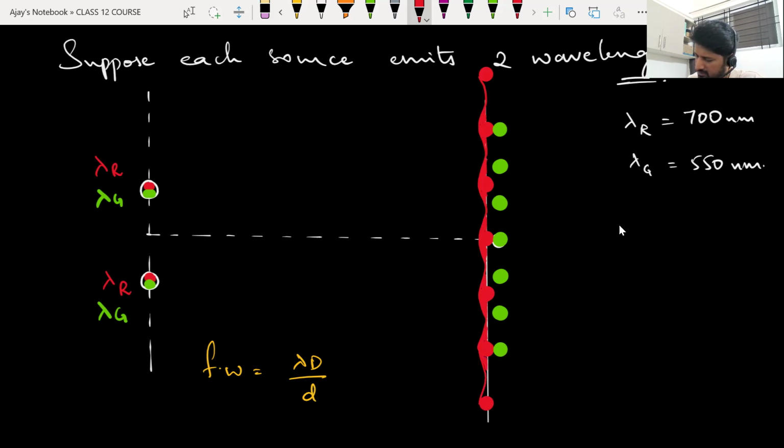So you will see a combination of red and green. The green light, its intensity will vary like this.